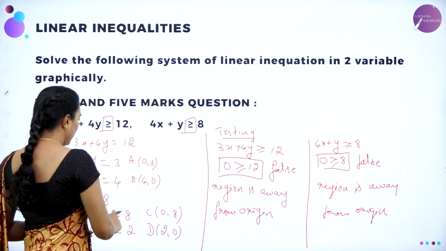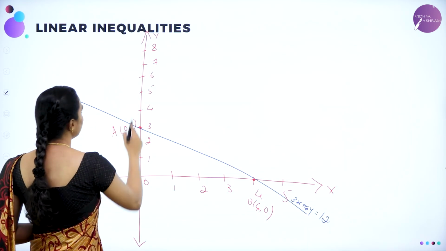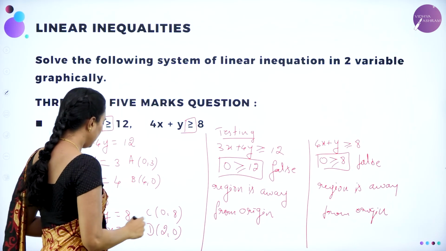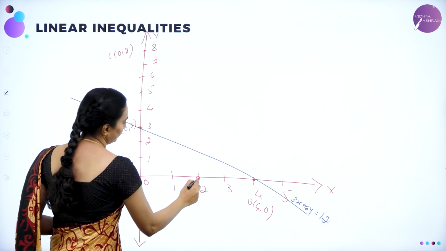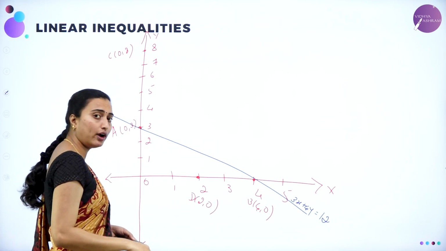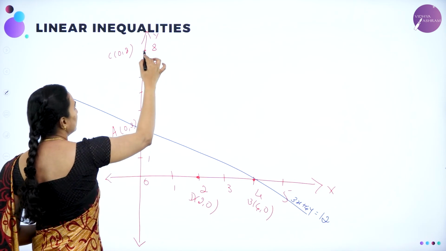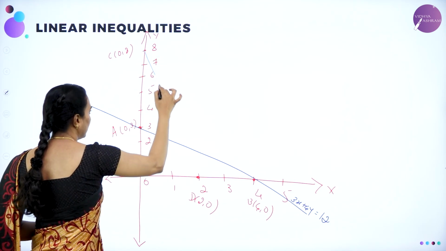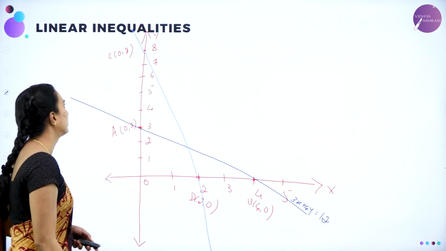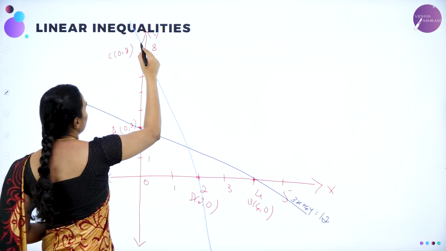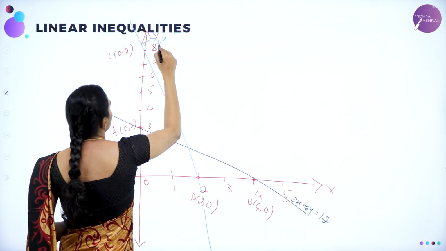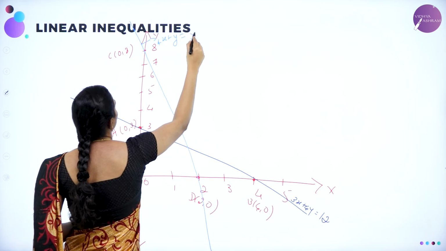You are going to have C of 0, 8 here, and then D of 2, 0 will be here. Let us join these points through a solid line. So this is the line you are going to have, which is 4x plus y is equal to 8.